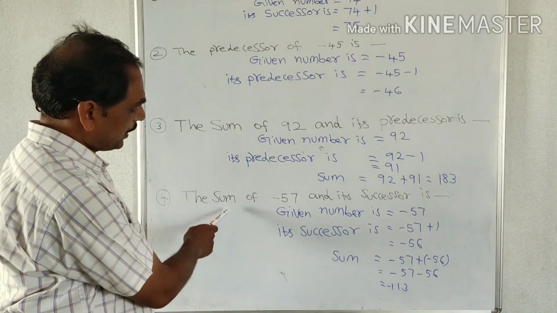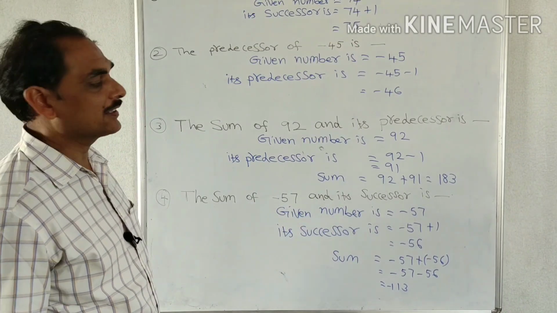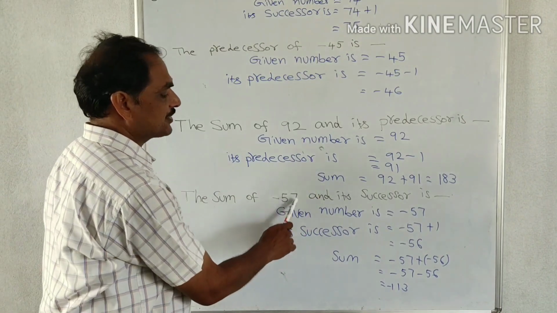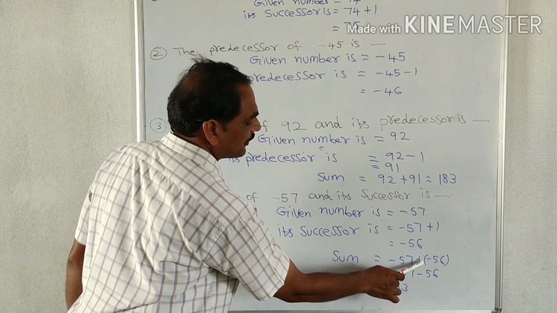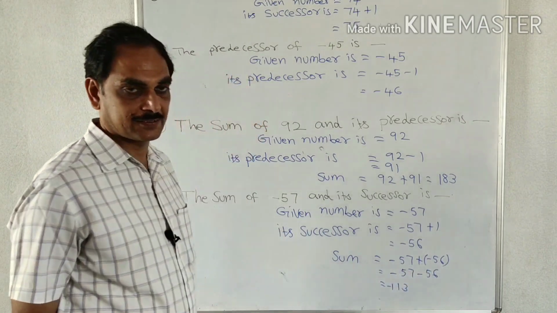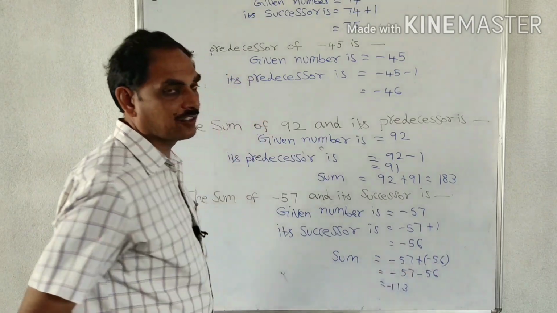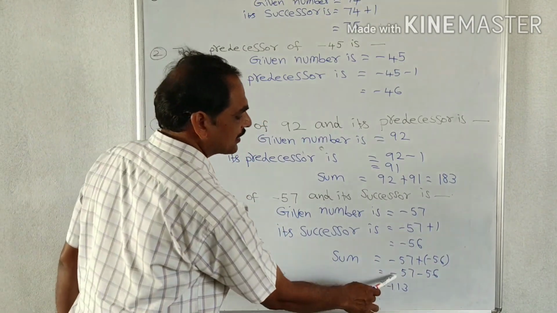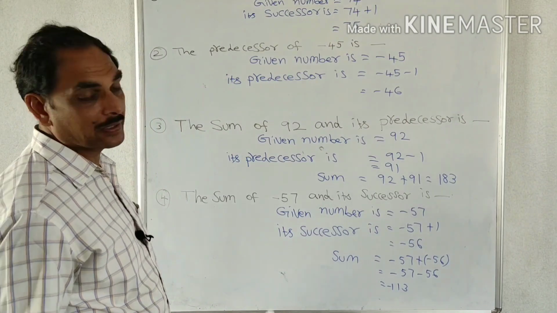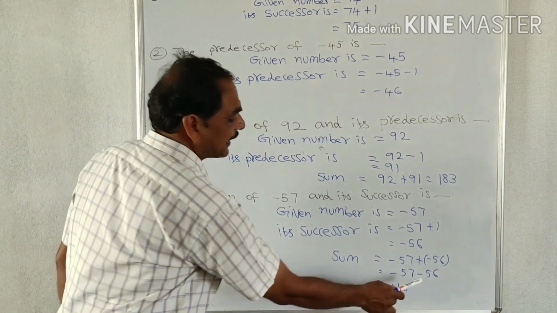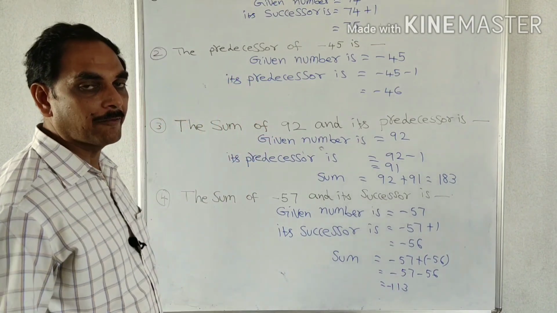Next, the problem is the sum of minus 57 and its successor. Sum means we add the numbers. Sum equals minus 57 plus minus 56. Here both are negative. When both have negative signs, we add the numbers and put the sign which the two numbers have.